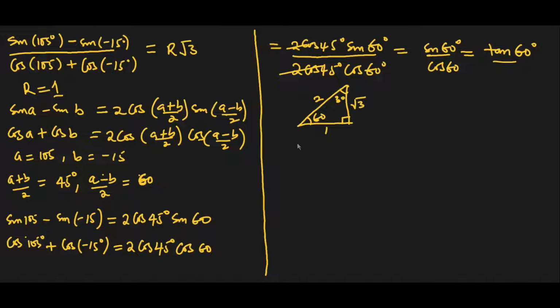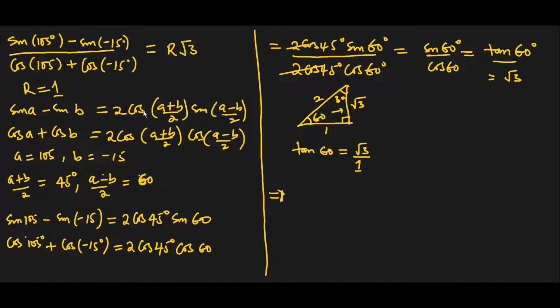So from this you can see that tan of 60 is equal to opposite over adjacent. This is the adjacent of that angle, this is the opposite of that angle, so it's root 3 over the adjacent, which is 1. So tan of 60 is the same as root 3.